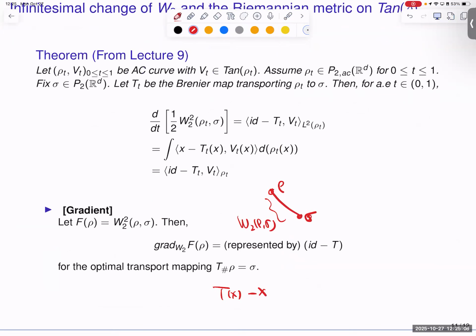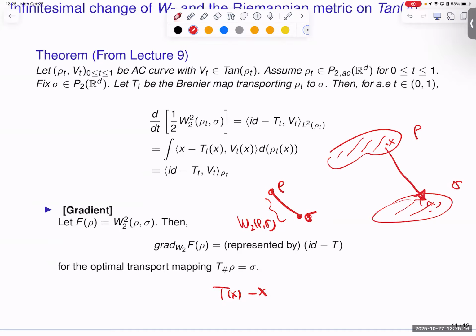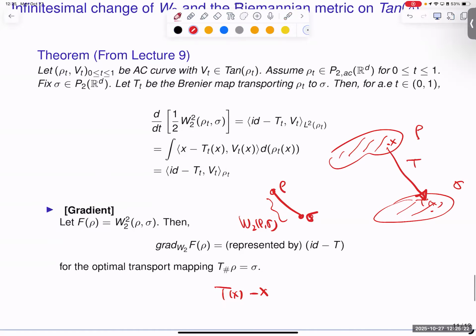So you have x here, and you have T(x) in sigma, and then you consider this displacement T(x) minus x. The gradient vector field here is nothing but minus of T(x) minus x. That is what this says.